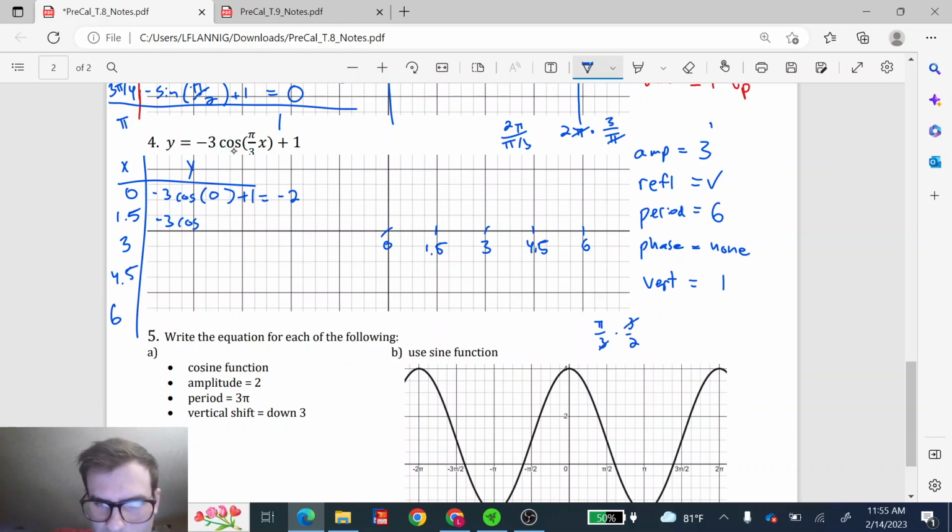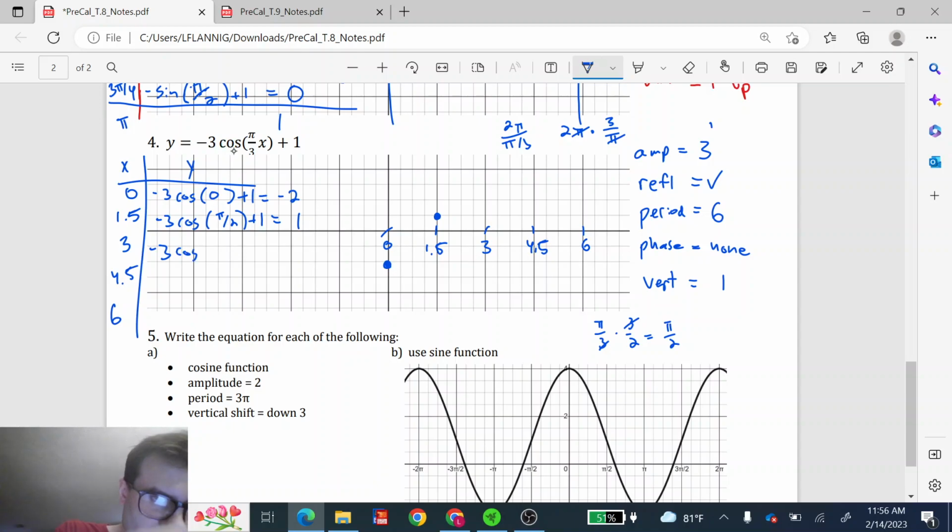These cancel out, giving you pi over 2. So we have pi over 2 plus 1. Cosine of pi over 2 is 0. So 0 times -3 is 0. 0 plus 1 is 1. So you have 0, -2 right here. Right? And then we have the next one, which is 3.